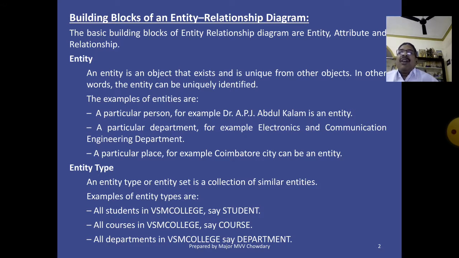All courses in VSM college, say course. All departments in VSM college, say department. So, department is an entity type, course is an entity type, and student is an entity type.